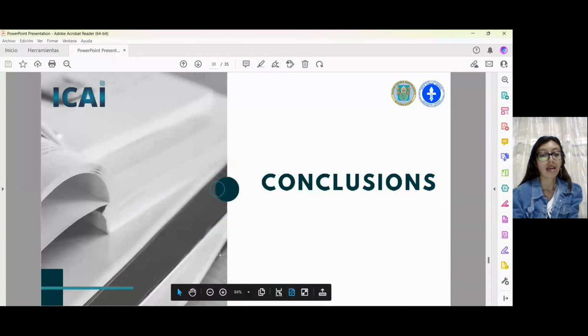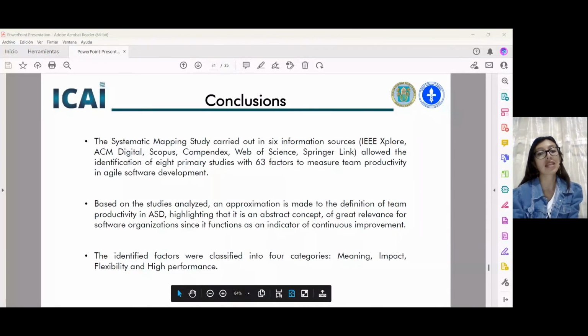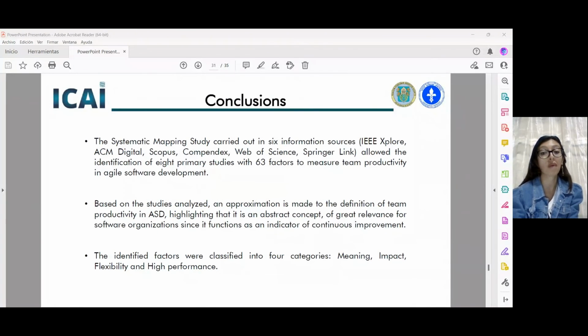Conclusions. The systematic mapping study conducted in the information sources IEEE Xplore, ACM Digital Library, Scopus, Compendex, Web of Science, and SpringerLink allowed the identification of primary studies with 63 factors to measure team productivity in agile software development. Based on the study's analysis, an approximation is made to the definition of team productivity in ASD.